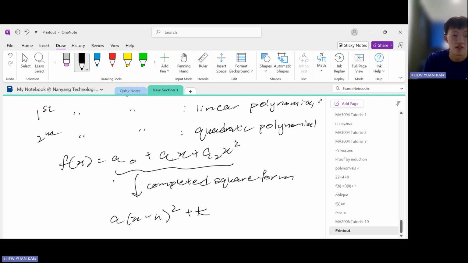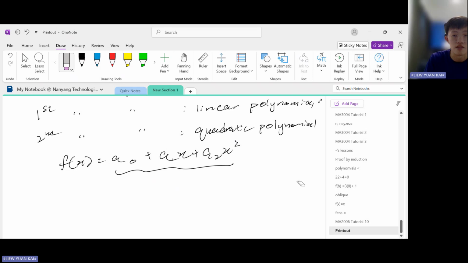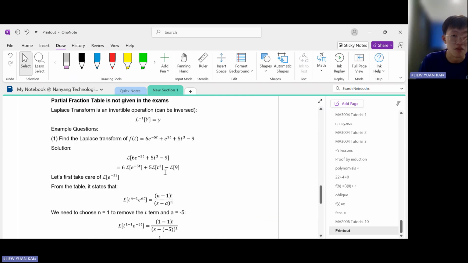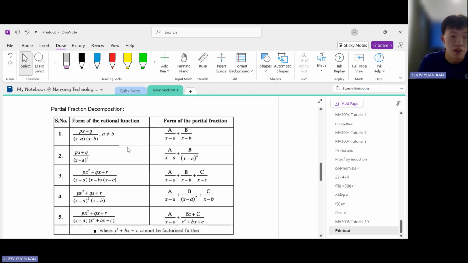I'll talk about how to do this, so don't worry. I just want to get you clear on what is a constant, what is a linear polynomial, and what is a quadratic polynomial. This one has power 0, this one has power 1, and this one has power 2. Now why do I introduce you polynomials? Because it will be helpful in partial fraction.